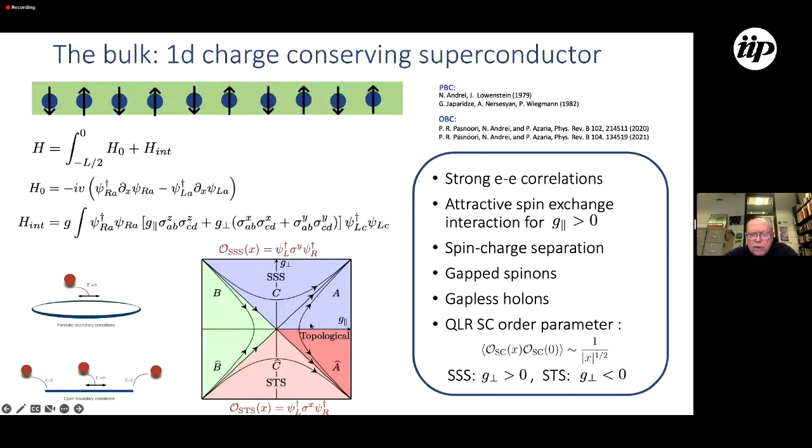So as you see, the model flows in RG to strong coupling and opens a gap. All this work was done with periodic boundary conditions. Now we have to work with open boundary conditions.